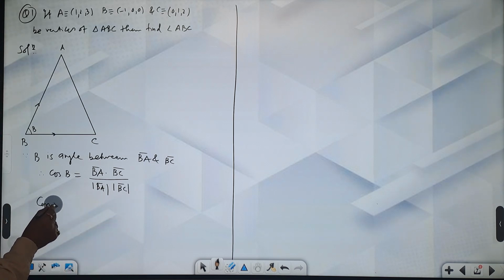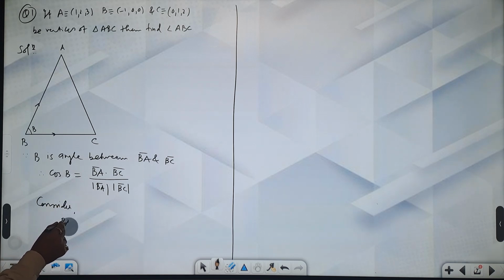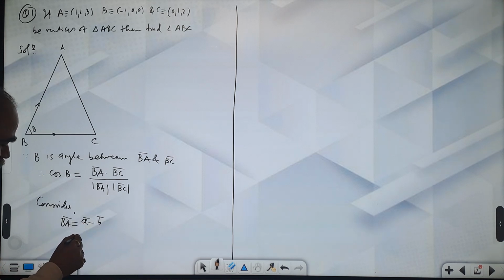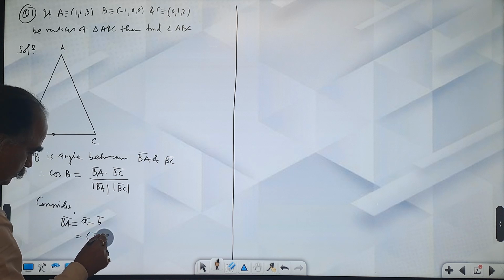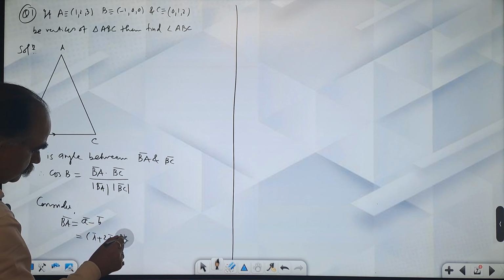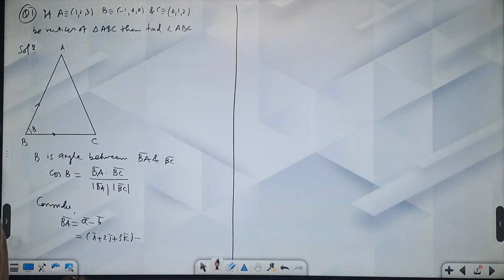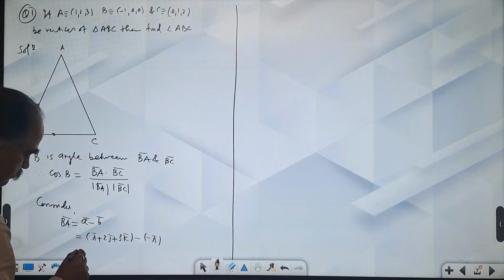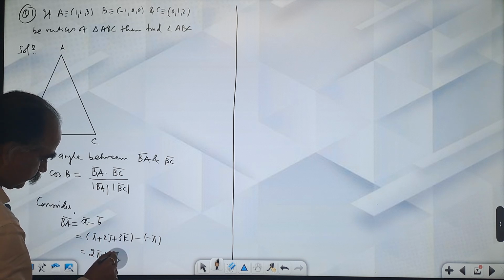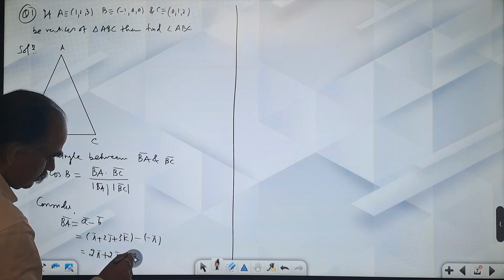Consider BA bar, A bar minus B bar. A is what? i plus 2j plus 3k. Minus B bar is what? Minus minus i bar. Will give you 2i plus 2j plus 3k bar.